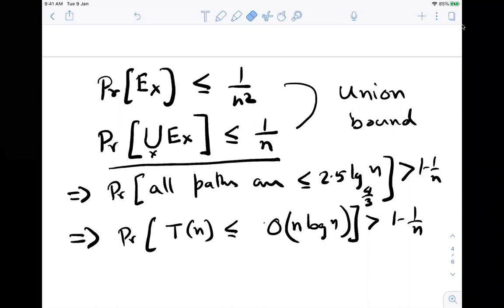This is the beauty of this probabilistic argument or randomized analysis.